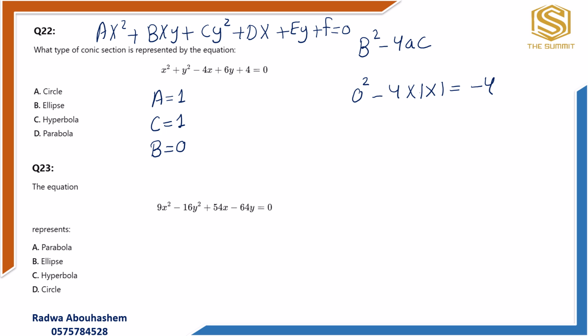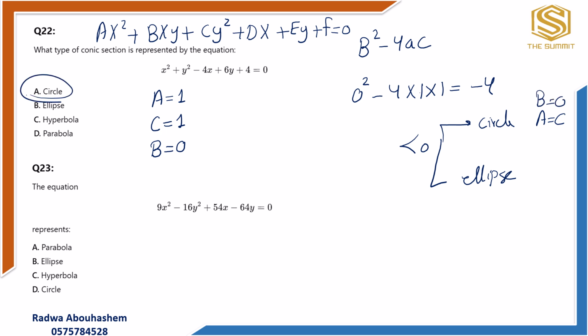Do you remember if it's smaller than 0, we have two cases, circle or ellipse. If it's a circle, this means that A equals C and B equals 0. So yes, this is a circle. Again here, 9x power 2.